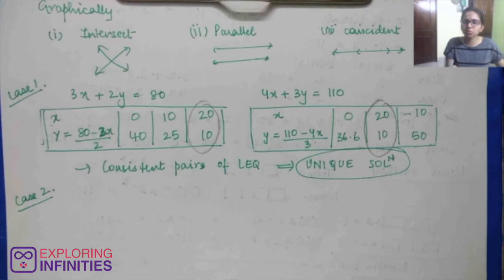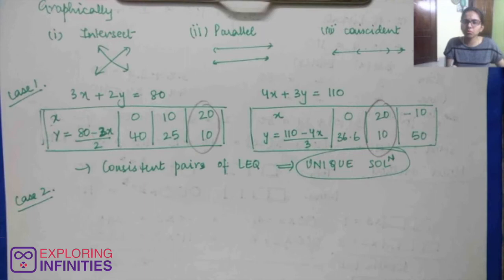Now if you try plotting them on your graph, you get somewhat like this. As you can see, the red line represents x plus 2y is equal to 4 and the blue one is 2x plus 4y is equal to 12.